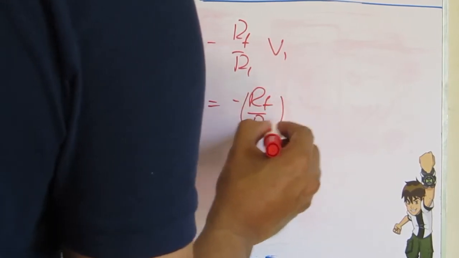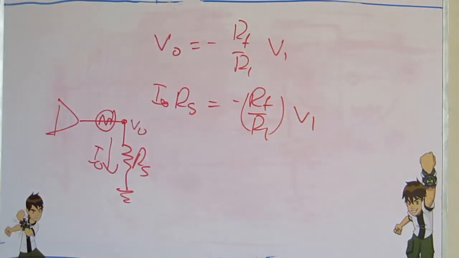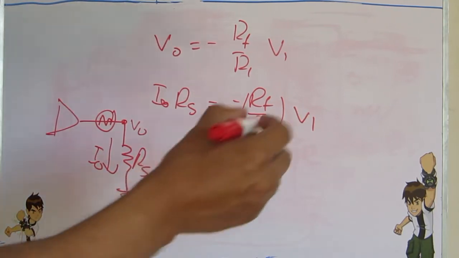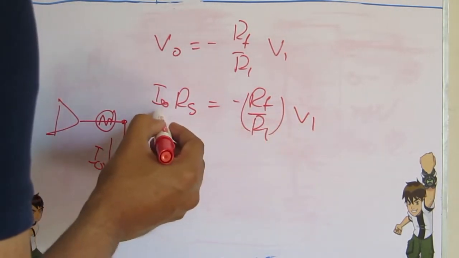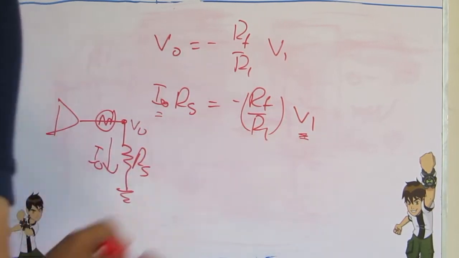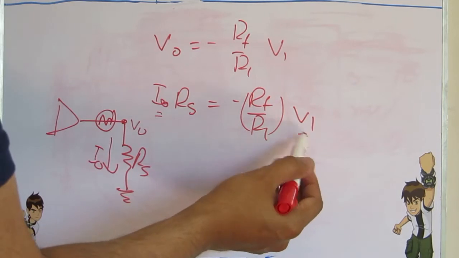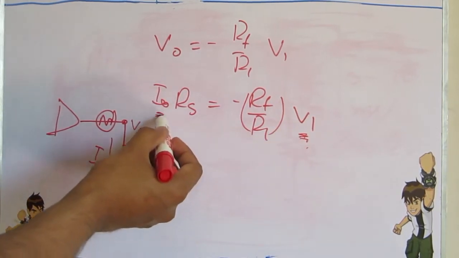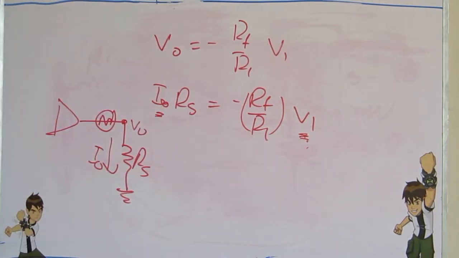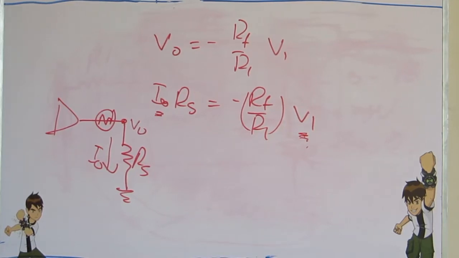So we can replace this with I0 RS is equal to minus RF by R1 into V1. Since we are interested in the ratio of I0 and V1, because V1 is the applied voltage that we are measuring, and I0 is the current flowing through the galvanometer, we are not interested in absolute values but in the ratio.